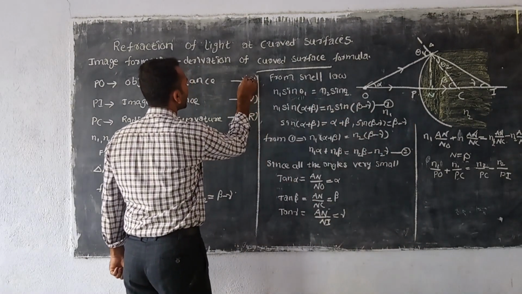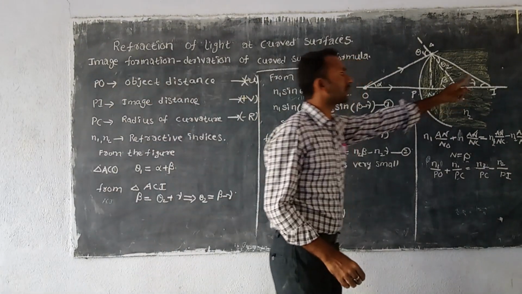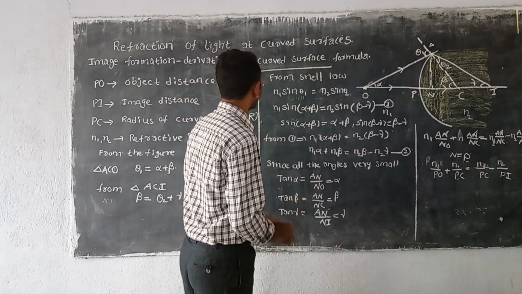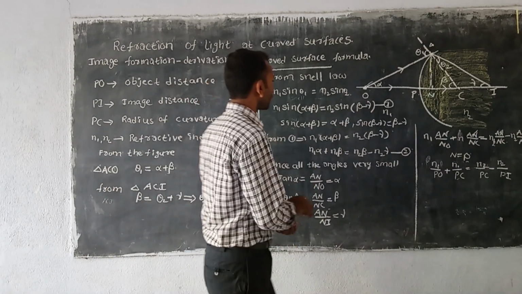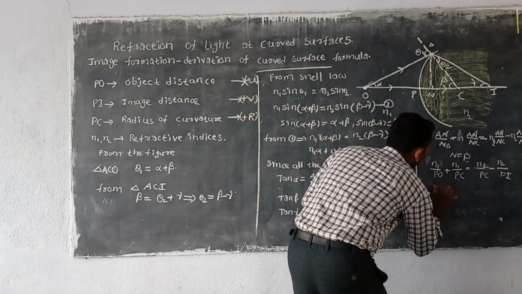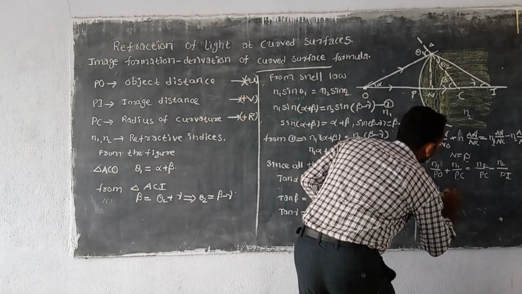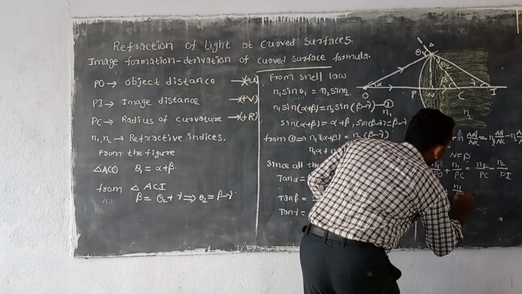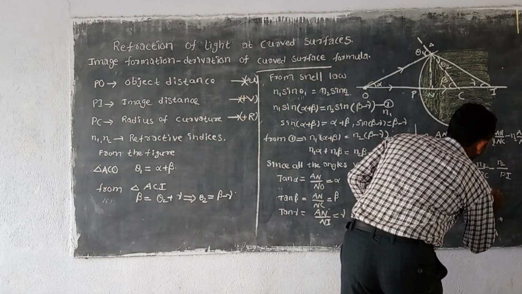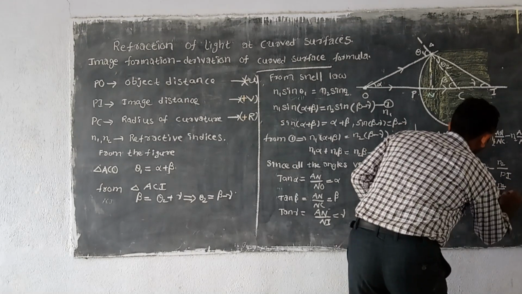The radius of curvature PC is also in the light ray direction, so it is positive. Substituting: PO means minus u, PC means r, PI means v. So n1 by minus u plus n1 by r equals n2 by r minus n2 by v.